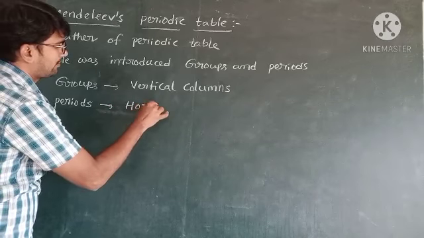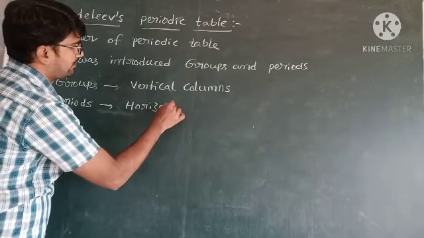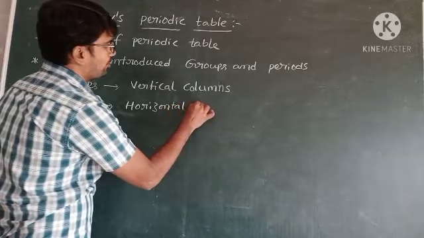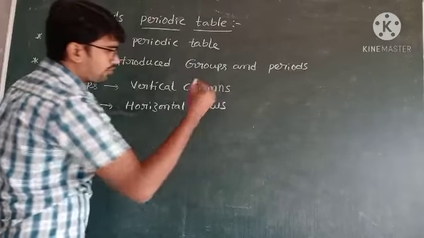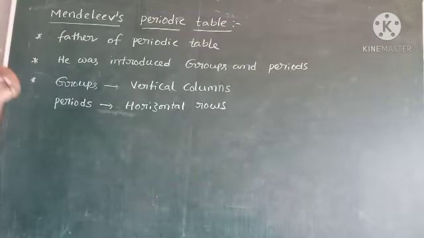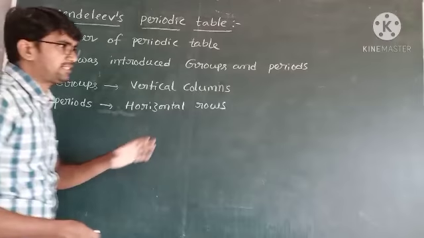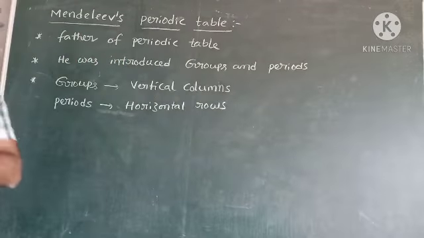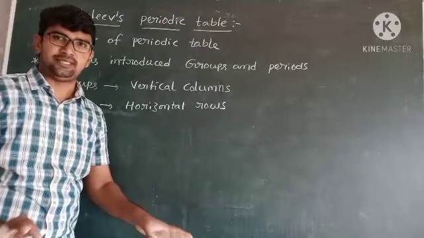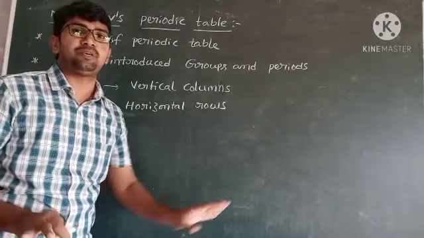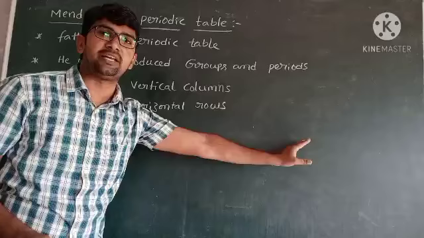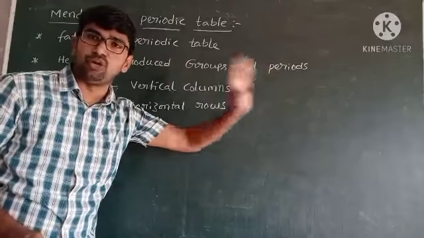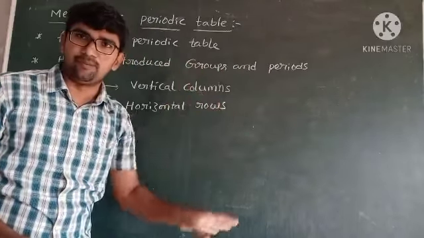Horizontal rows are called periods. Simply, this is a rough diagram for the Mendeleev periodic table, because the Mendeleev periodic table is not important to us. Just for explanation purposes, I am drawing it. Don't draw it in your CW book.